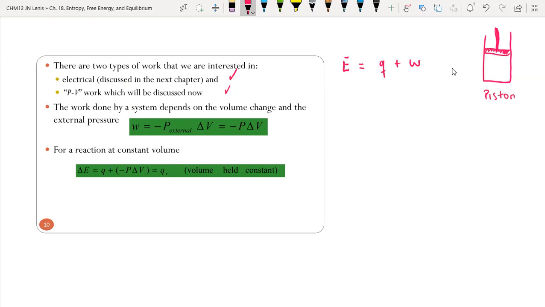A piston. So what happened with the machine? We apply the machine when we have gases. If your chemical reaction is producing a gas, then that gas can do work.